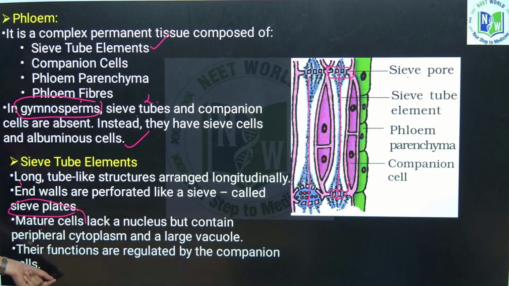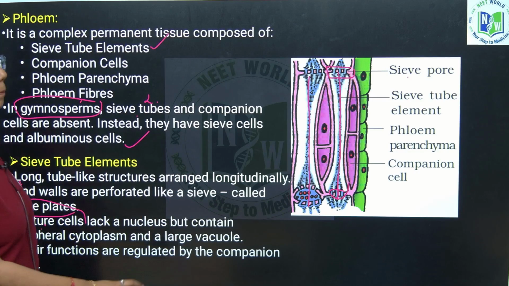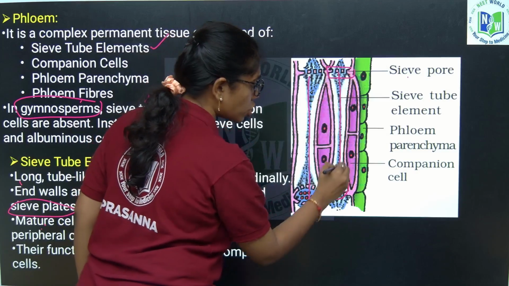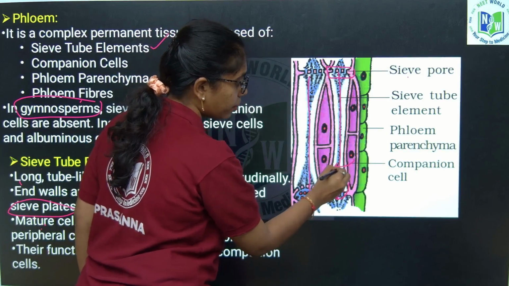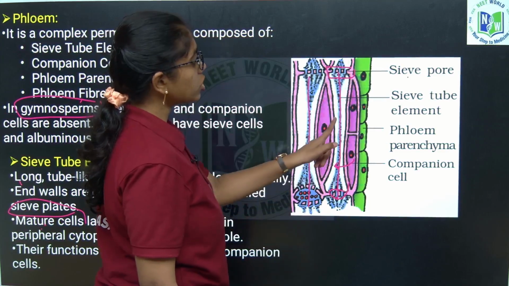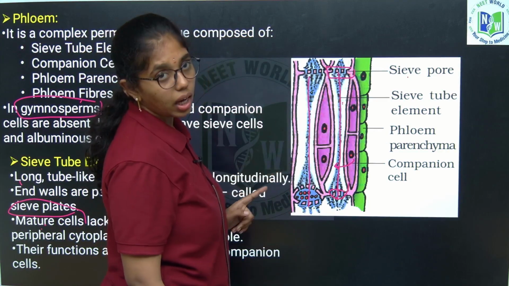They do not have any nucleus. Their functions are regulated by companion cells. So, the conduction activity of the sieve tube is regulated by the companion cell. This is because of the absence of nucleus in the sieve tubes.